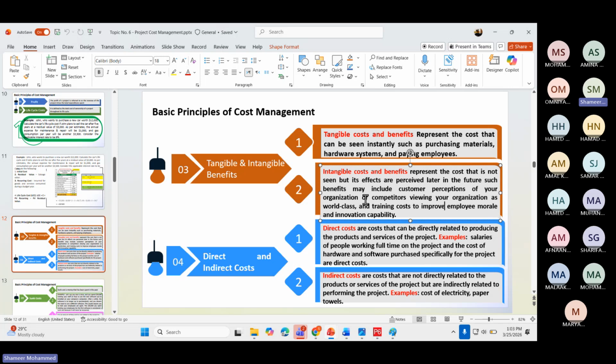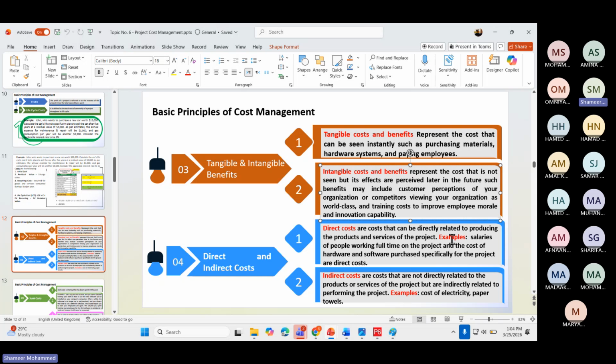Whereas tangible means you can directly, instantly see those costs: to buy the hardware, to buy the software, paying salaries of the employees, those things. So direct cost, indirect cost, I have told you.